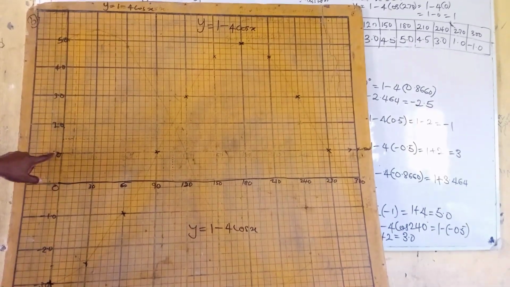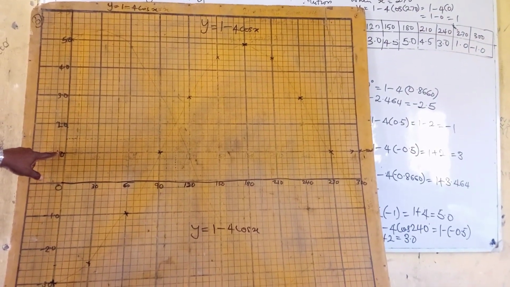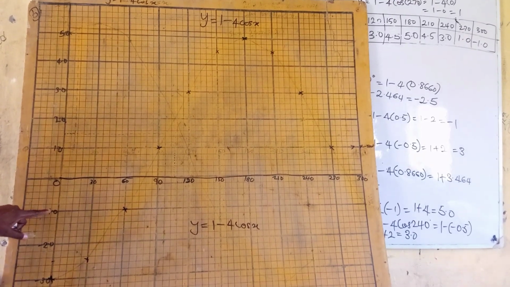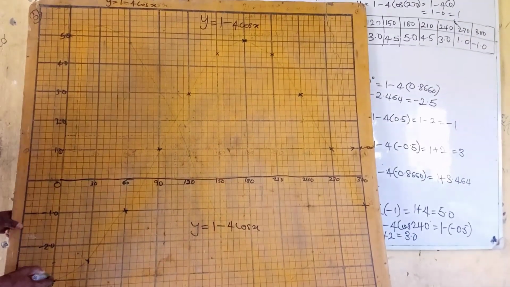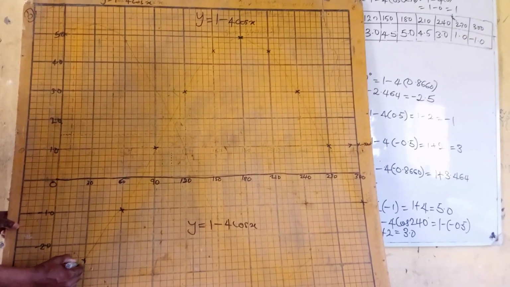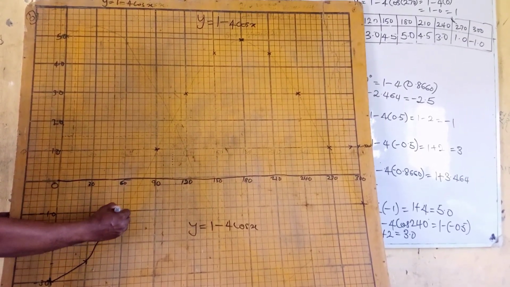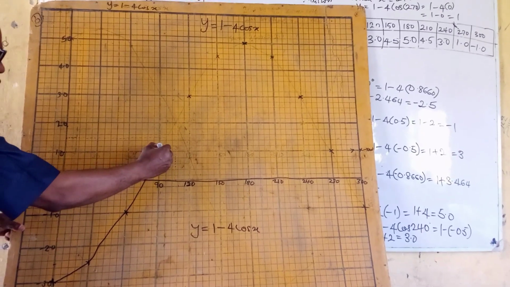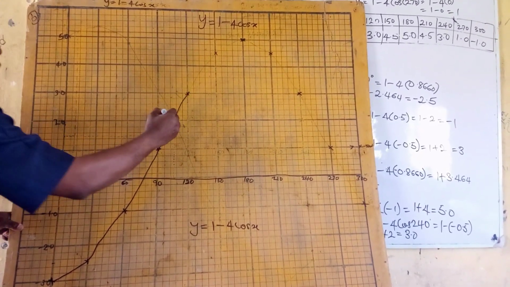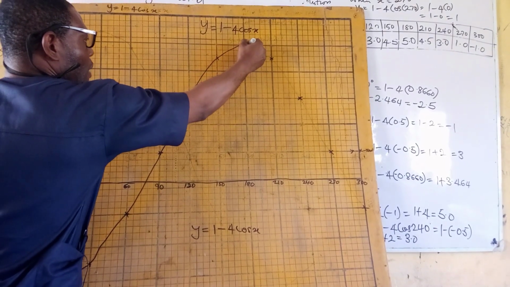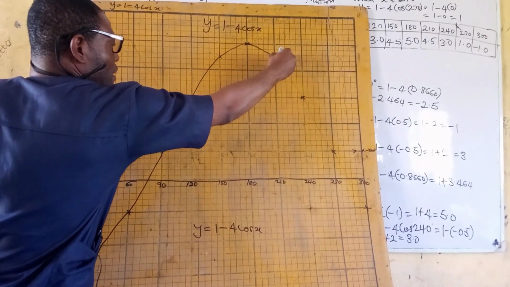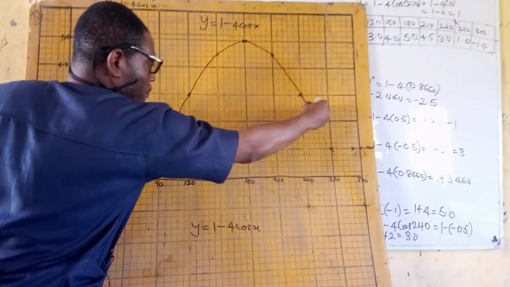And when s is equal to 300, we have minus 1, and this is the point. So we now draw. You can use a freehand draw, and you can't use a ruler. Don't use a ruler. A freehand sketch should be fine.